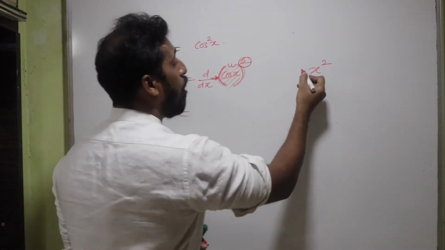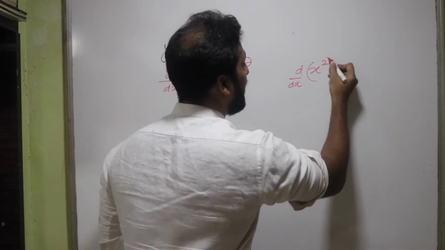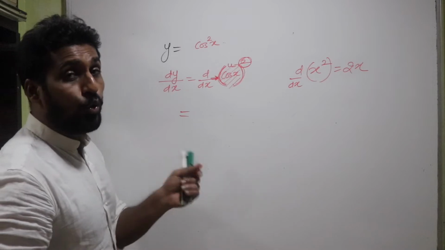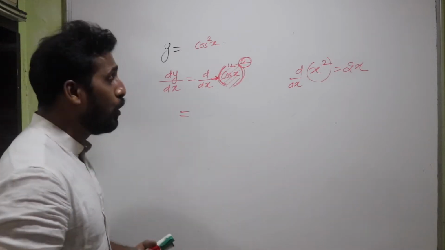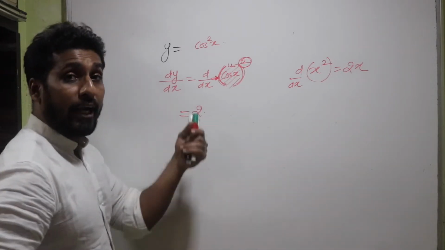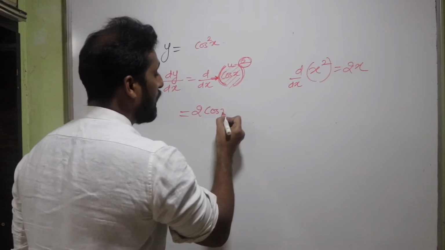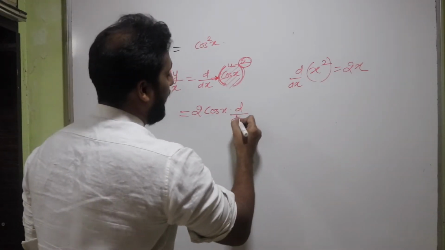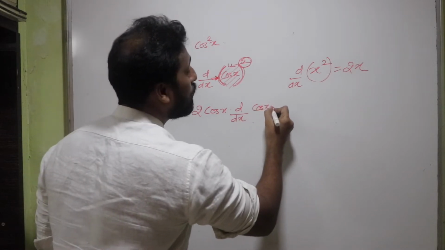What is the derivative of x square? The derivative of x square is 2x. So what could be the derivative of u square? It will be 2u. So I'll write 2 and u, which is cos x. But again the derivative of u has to be taken. So d by dx of u, which is cos x.